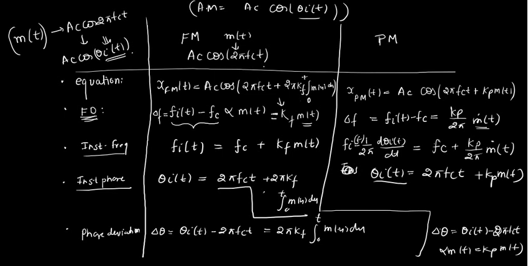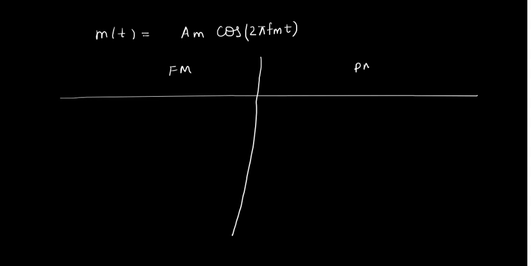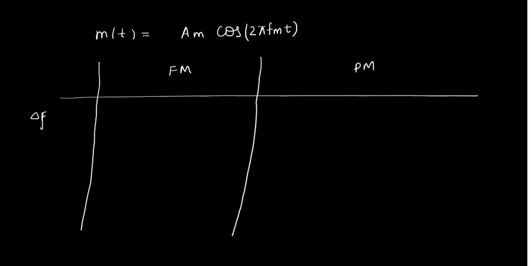Let's take that your message signal is Am cos 2 pi fm t. The frequency deviation delta f for FM is Kf m(t), right?